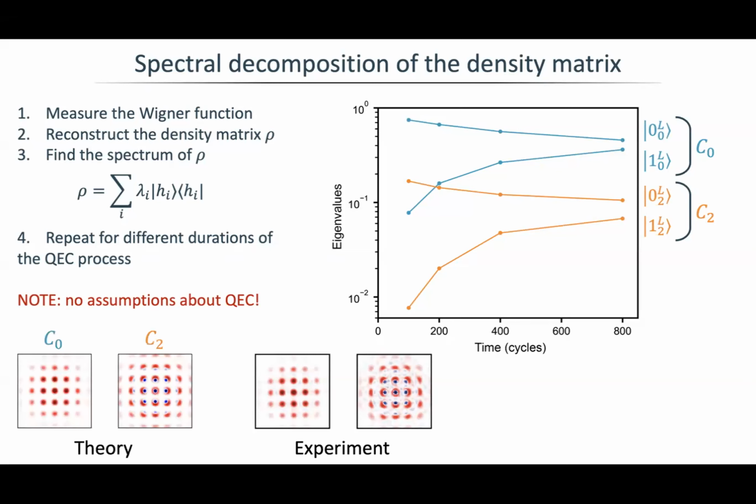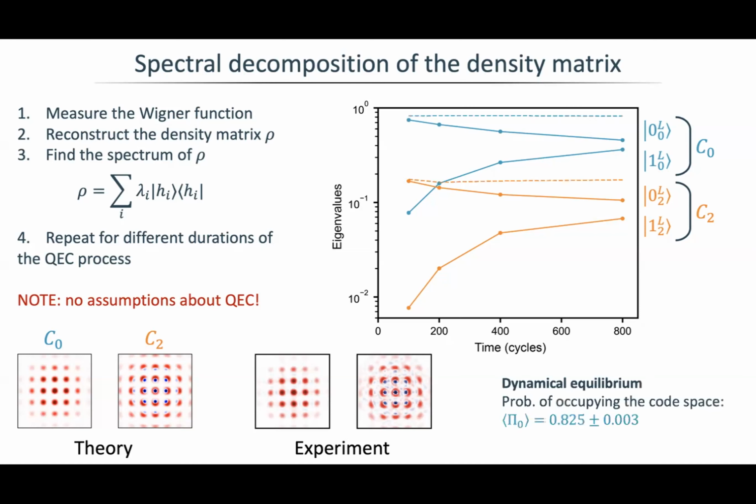Just to remind you, this is something I showed on the previous slide, that in theory, this is what we expect. The first subspace, we can identify as the code space, which makes sense. And this other one looks like the subspace that corresponds to a photon gain error. Another thing we can do is calculate the sum of these eigenvalues within each pair, and that will be a constant line.